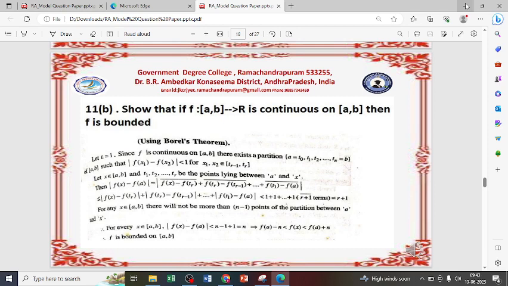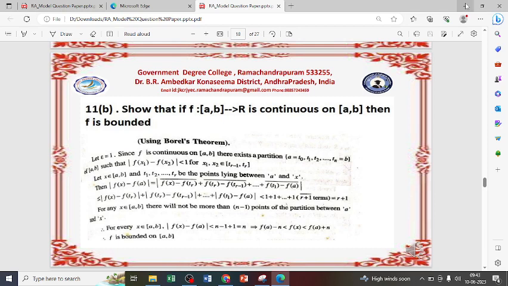Now by the modulus property, this value is less than or equal to |f(x) minus f(tr)| plus |f(tr) minus f(t(r-1))| plus and so on, |f(t1) minus f(a)|. And by Borel's theorem, the difference of values of the function between any two points in a subinterval will be less than 1.